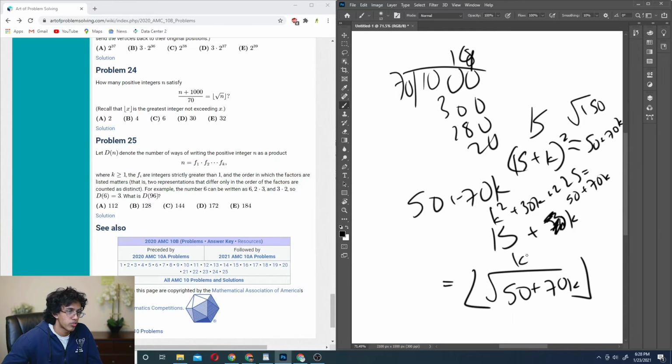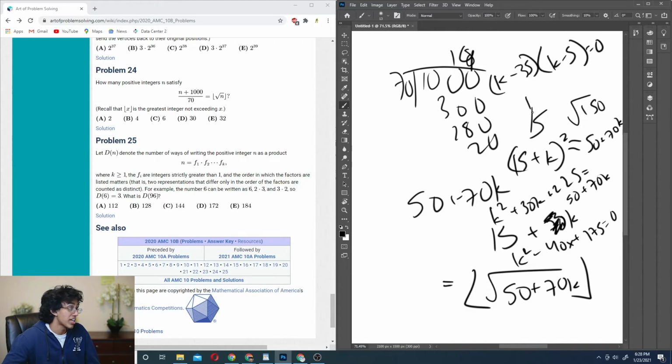That gives you k squared minus 40k plus 175 is equal to 0. Does this factor nicely? This is 25 times 7. I doubt. Oh, 35. Oh, it does. Hey, k minus 35 times k minus 5 is equal to 0. So k is approximately 5 and 35. So it'll just be some stuff around there, otherwise it won't be approximately equal.